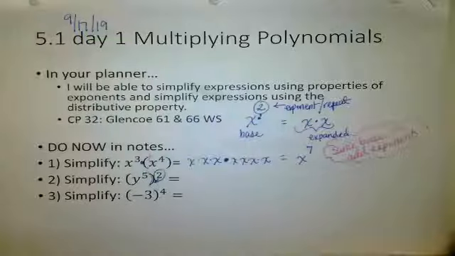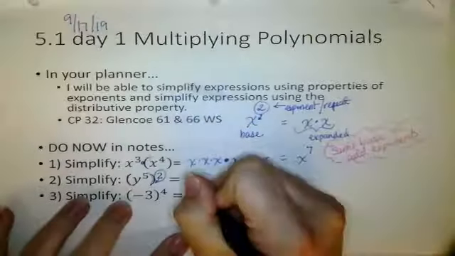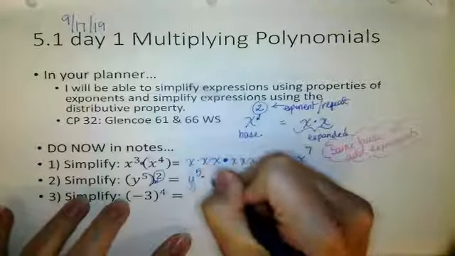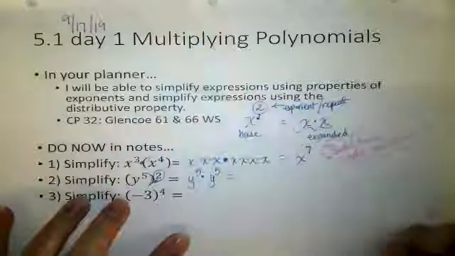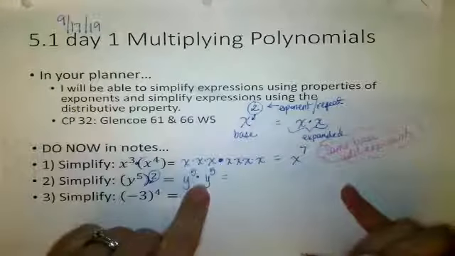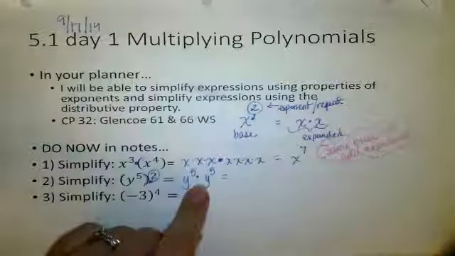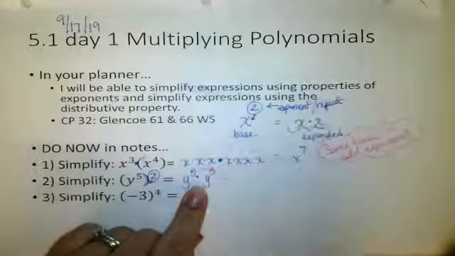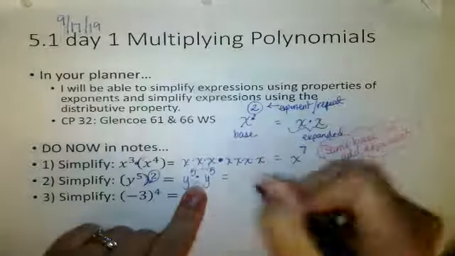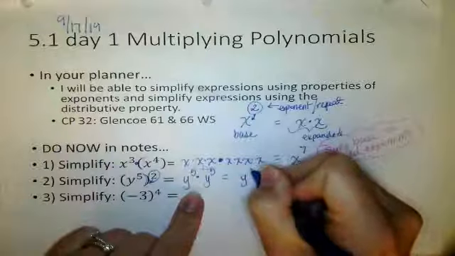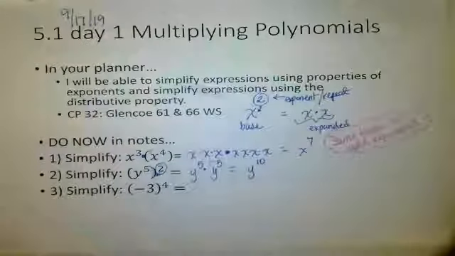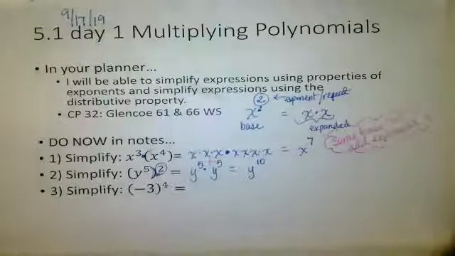So it's saying repeat everything in the parentheses 2 times. Well, that would be y to the 5th times y to the 5th. Now, these have the same base. So what does that mean? Add the exponents. If they have the same base, you add the exponents, and that gives you y to the 10th. Well, very good. So you can always write it out and then expand, and then add the exponents, which works just fine.